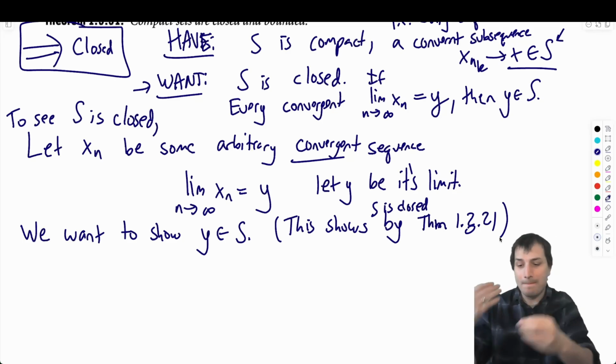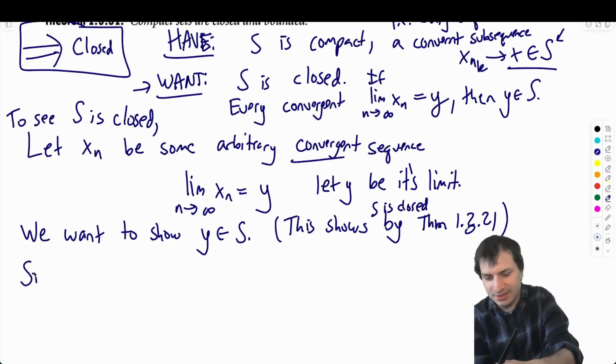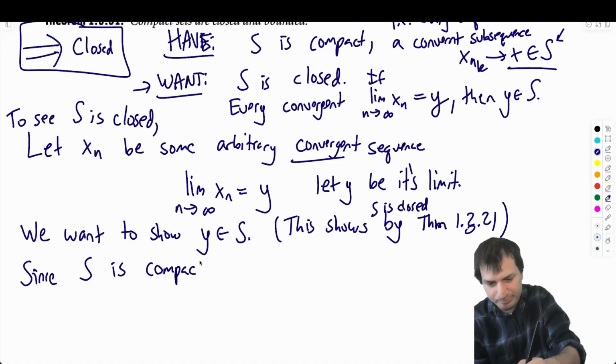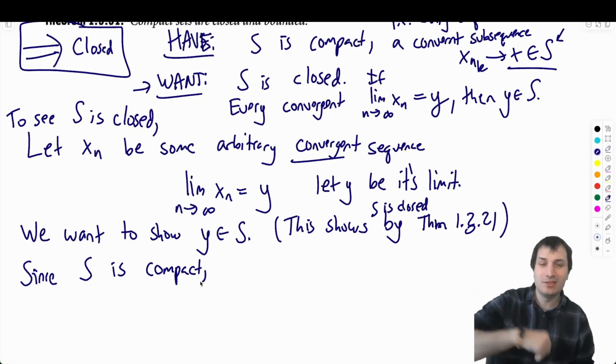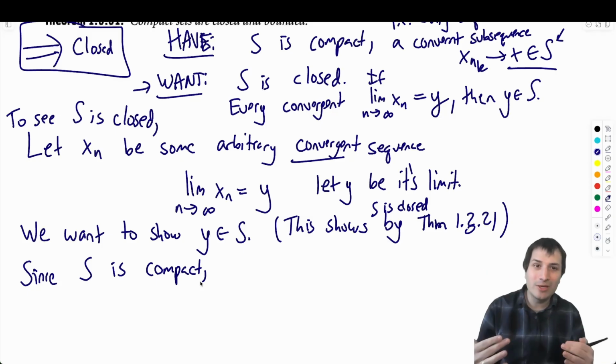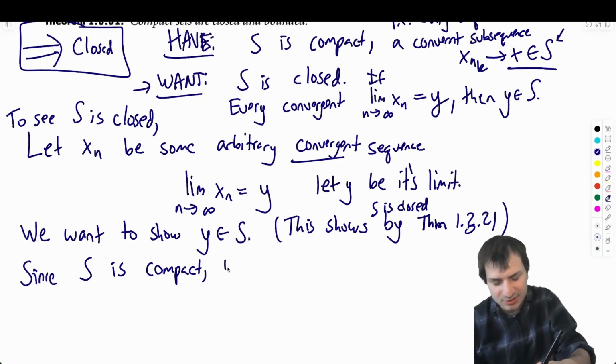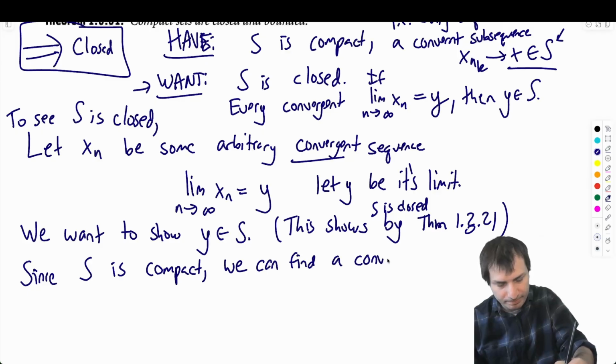All right. Since S is compact, we're given this xn. Because S is a compact set, what can we do with sequences? We can find a convergent subsequence.